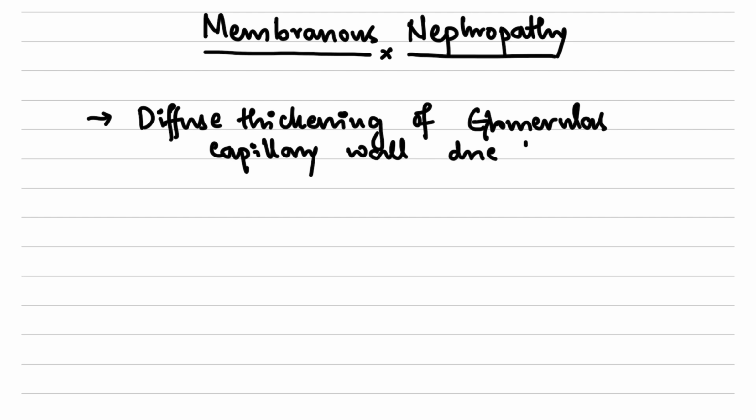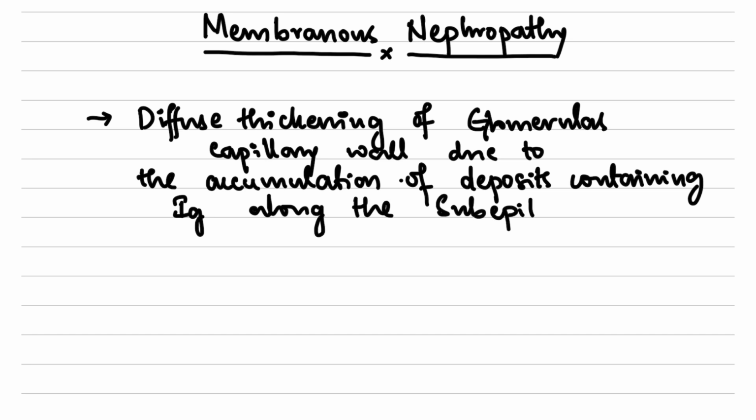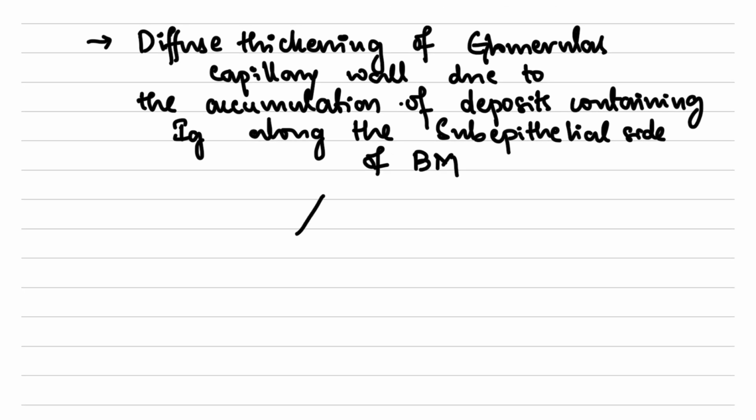This is due to the accumulation of deposits containing immunoglobulins along the subepithelial side of the basement membrane. 75% of cases of membranous nephropathy are due to primary disease affecting the glomerulus. 25% of these causes will be secondary.